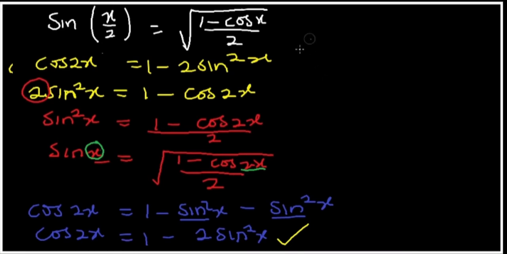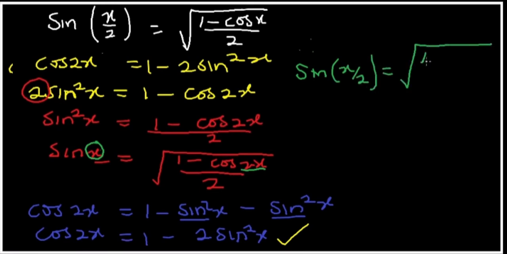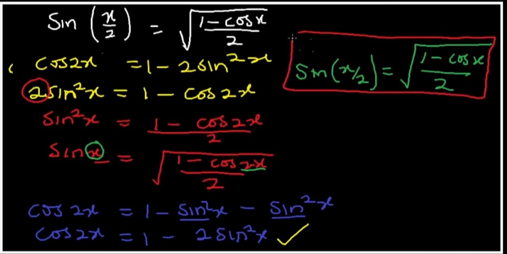Therefore, I can now say that sine at a half angle is equal to the square root of 1 minus cos x over 2. This identity is very important, especially when you get to calculus. You will need it a lot. When you get to your trigonometric substitution, you will be needing this to apply in your calculus, probably in your integration and all of that.